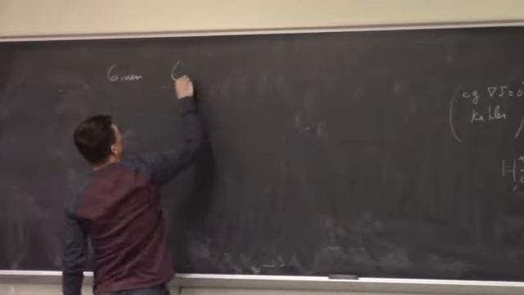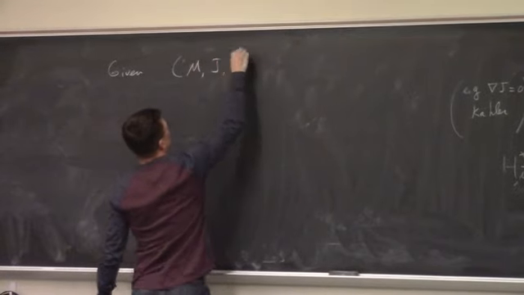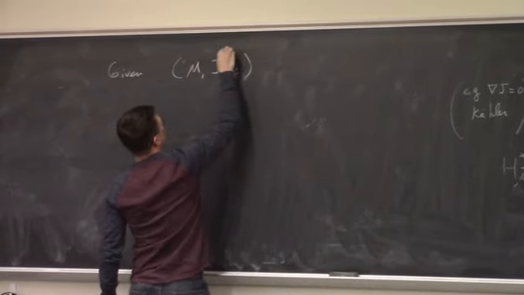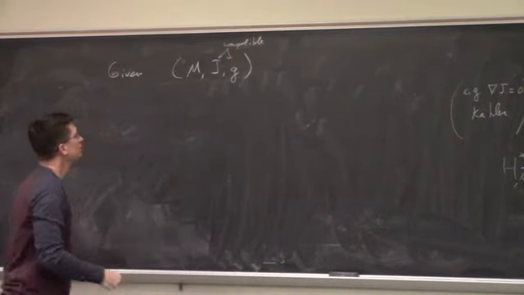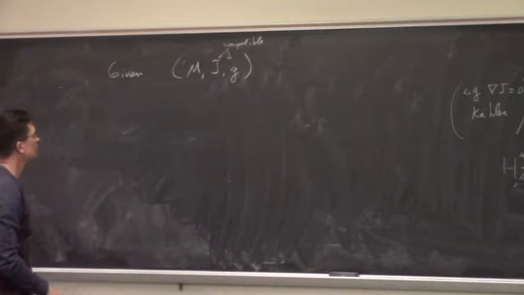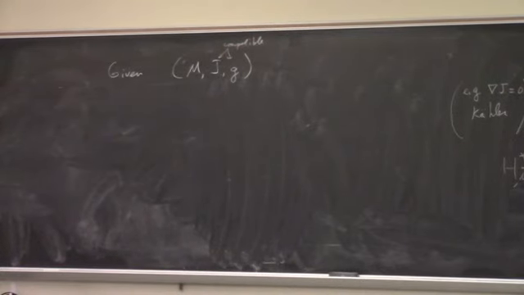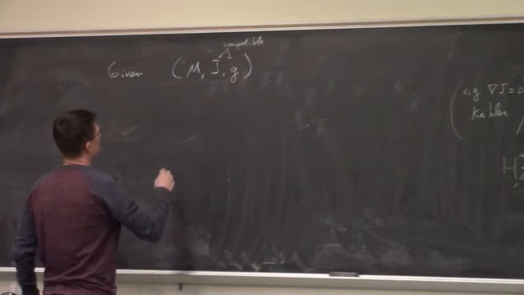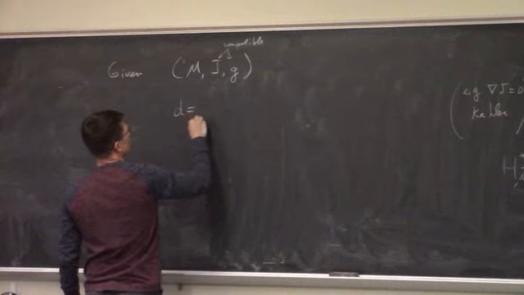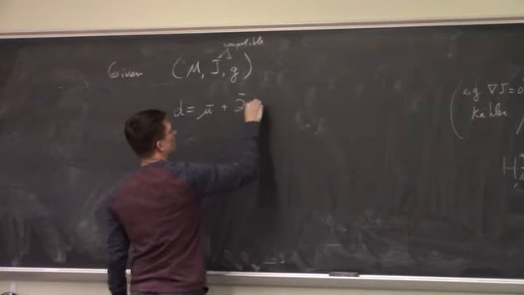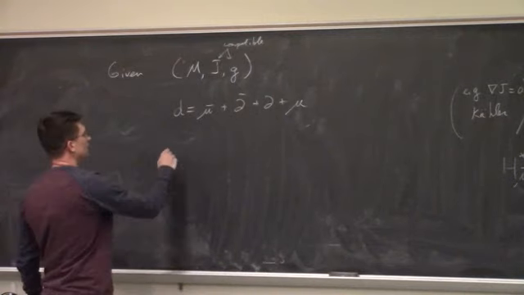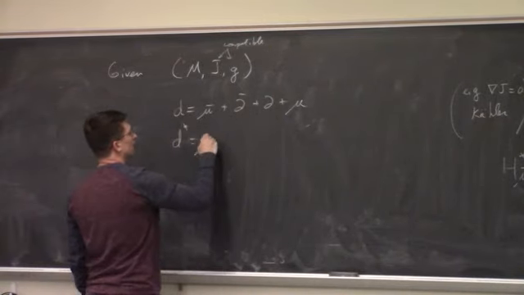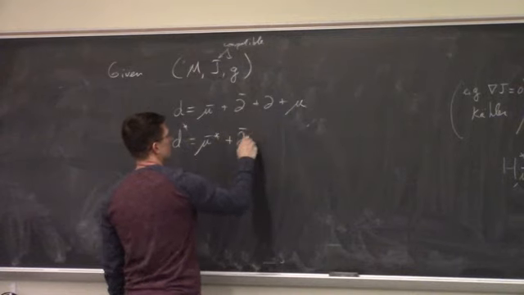So given an M and a J and a G, and I want these two to be compatible. What I mean by that is that J is an orthogonal transformation with respect to this. Then you can define, for any operator, when you write D as the sum of its components, you can take the adjoint of D and take the corresponding adjoint of each of these operators.